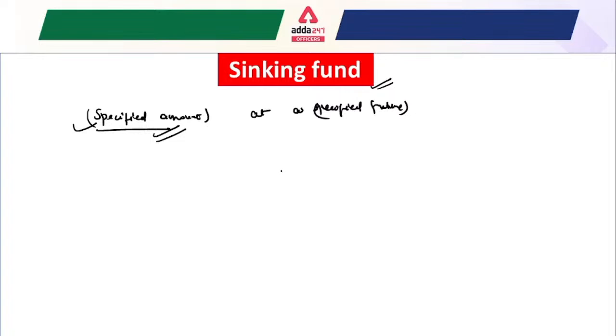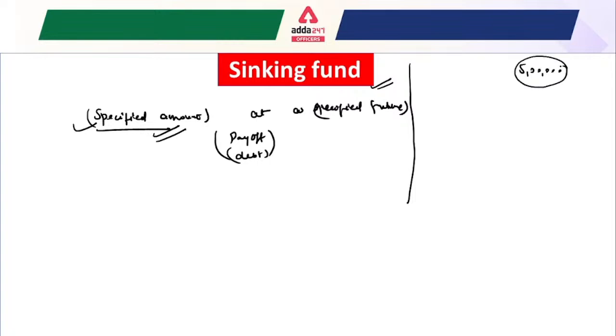Basically, sinking funds are used to pay off your debt, so that way the sinking fund is beneficial. Before we understand the examples of the sinking fund, suppose that you want to purchase a machine of 5 lakh rupees, and you want to purchase it after 5 years.